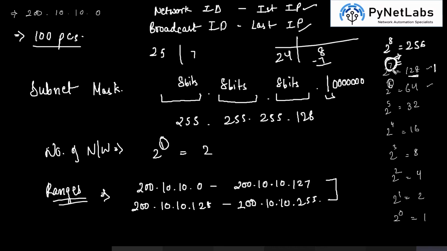When we take 7 as the host bits, we are left with 1 bit. Since there are 8 bits by default and we are using 7, we are left with 1 bit which we give to the network part, and it is considered borrowed.